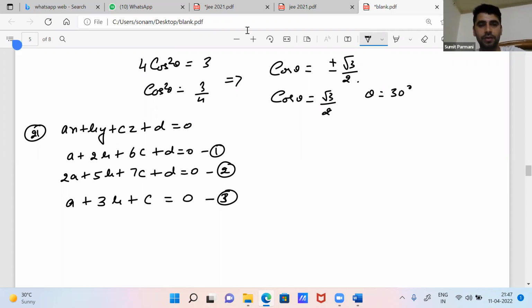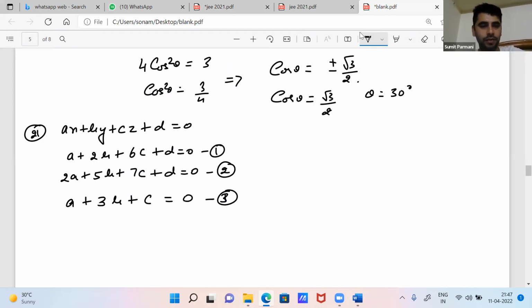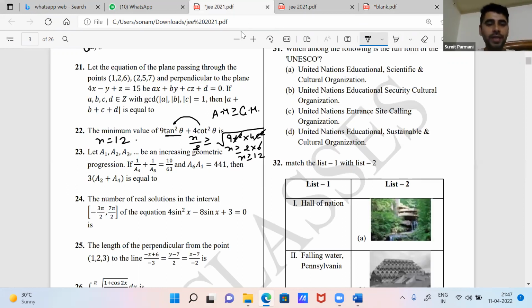Third thing we have. Okay, this is the third thing we have. Points (1, 2, 6), (2, 5, 7), (2, 5, 7). Correct.